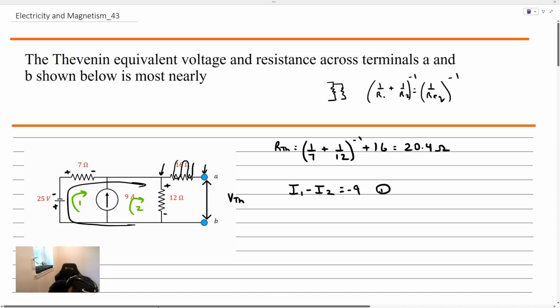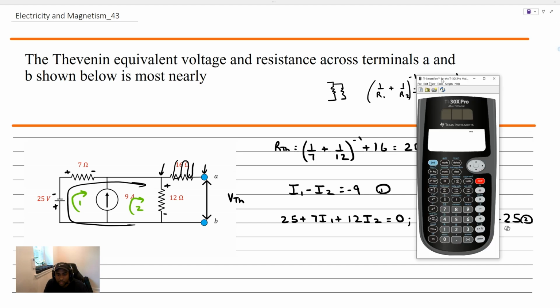We go ahead and write down the equation associated with that. We have 25 plus 7 times I1 plus 12 times I2 equals 0, or 7I1 plus 12I2 is equal to negative 25. And that's our second equation.